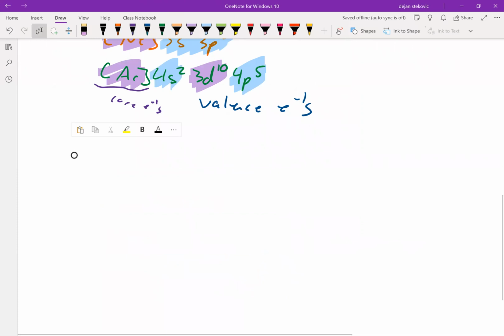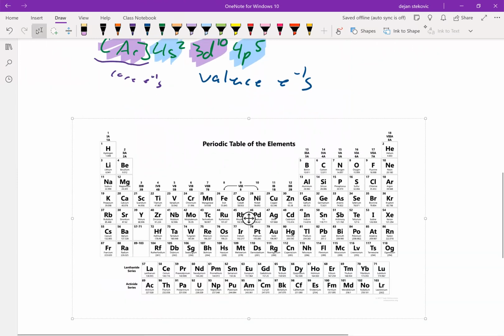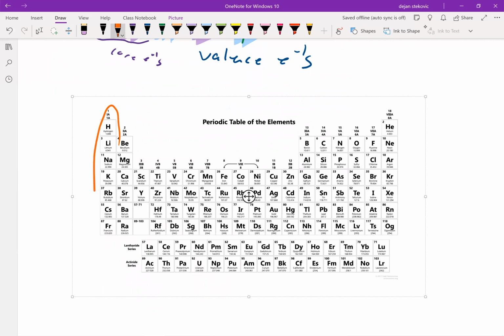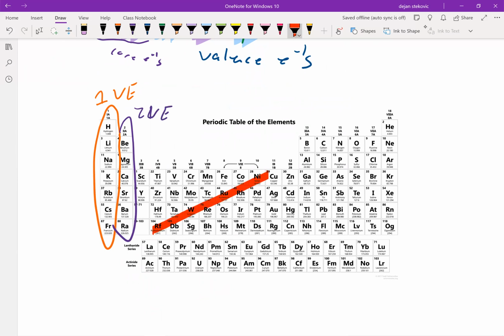And that's how the periodic table works, right? Everything in the first column has 1 valence electron. Everything in the second column has 2 valence electrons. We're going to skip the transition metals because they kind of do their own thing.